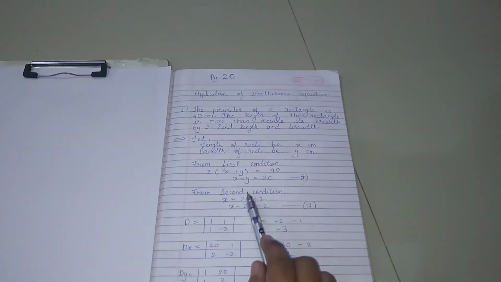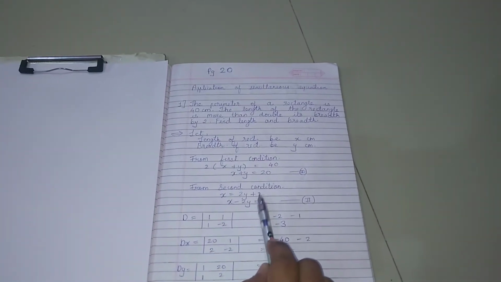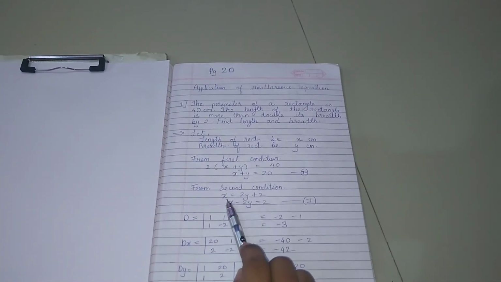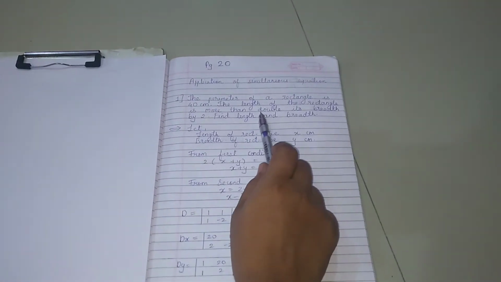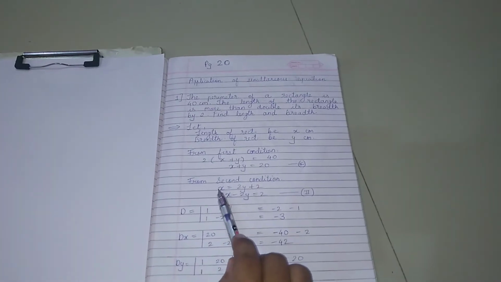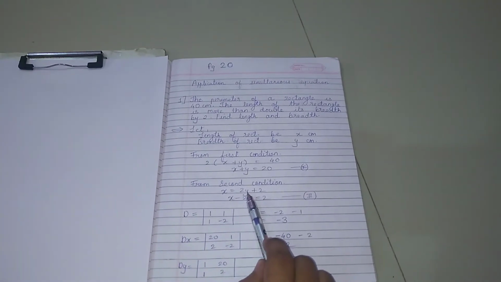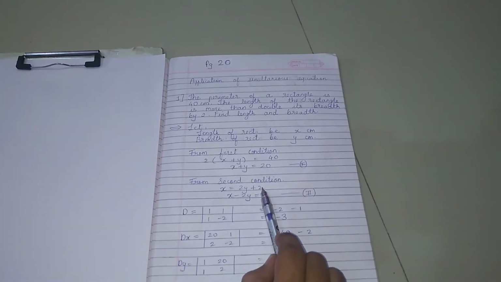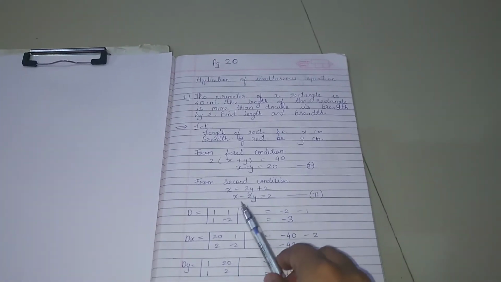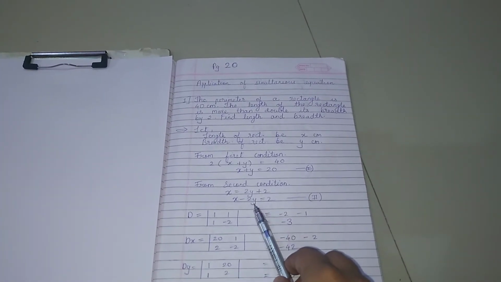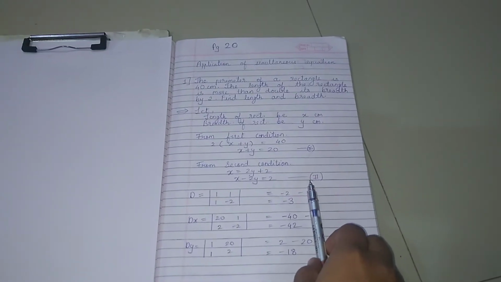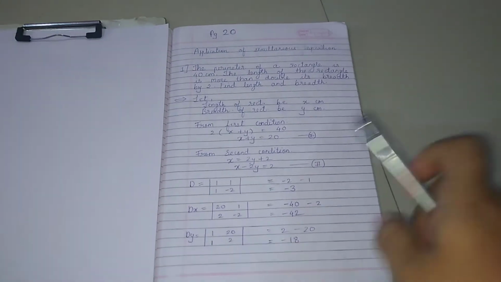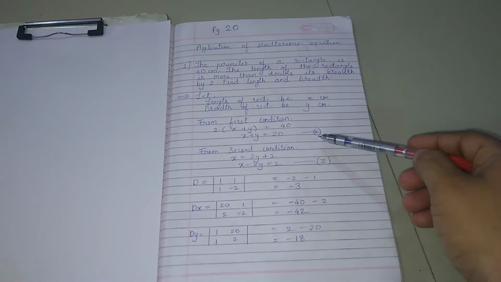By 2, so we can write 2y + 2. So we can write x = 2y + 2, because they're telling the length of the rectangle. By simplifying this we can write x - 2y = 2, which is equation number 2. Okay guys, so now we have found both the equations.